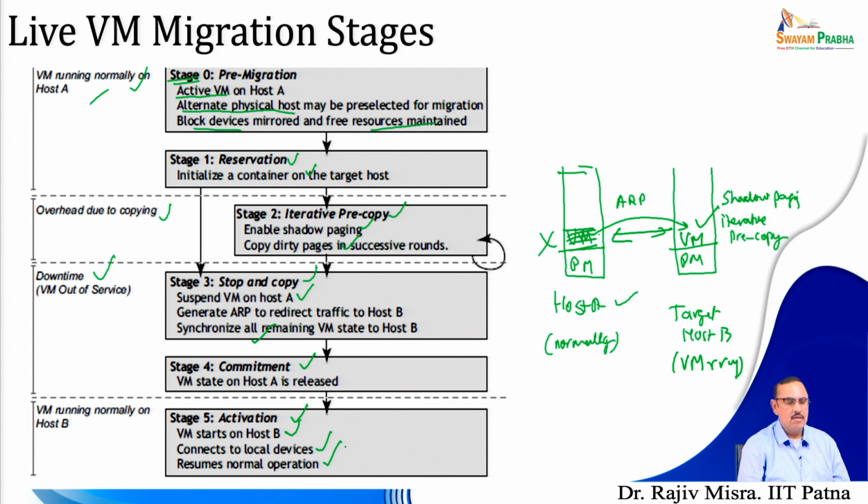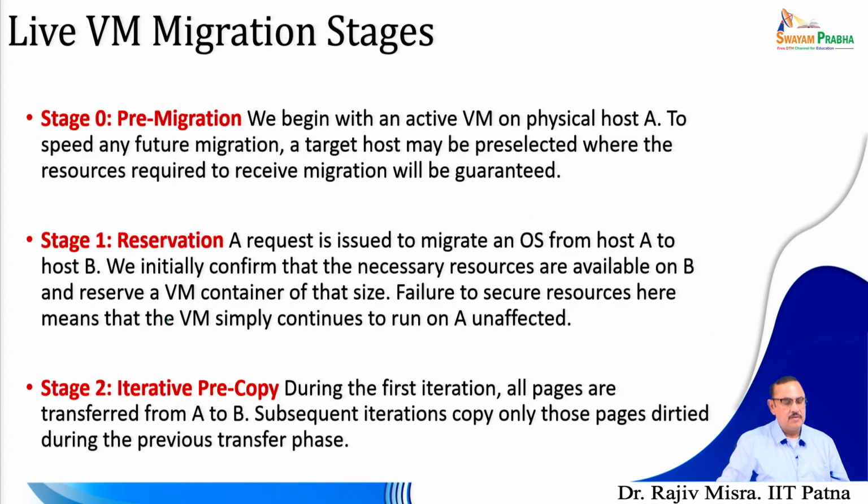So, these are all the stages of live VM migration. In live VM migration, you see that if the VM is migrated, it will continue with very little interruption, with a short time when it is down, and otherwise the services are not stopped.